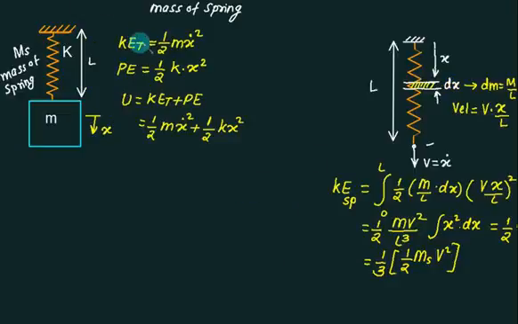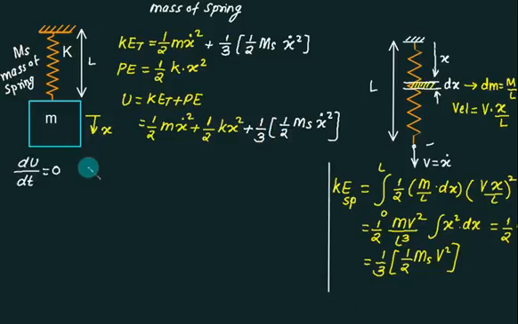We have two kinetic energies, one for the mass and one for the spring. For the mass I have written 1 by 2 m x dot square, plus the spring I have calculated right now, 1 by 3 into 1 by 2 ms multiplied by x dot square. Any change in potential energy? No. But we have an additional term here, 1 by 3.